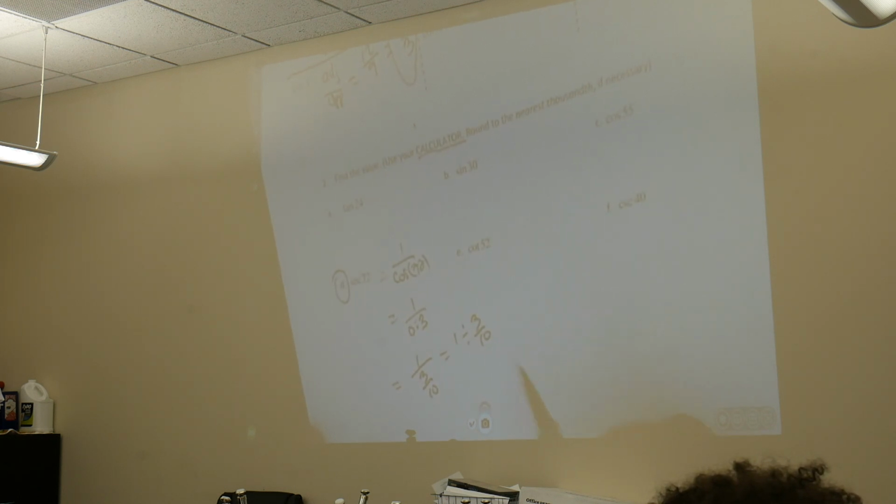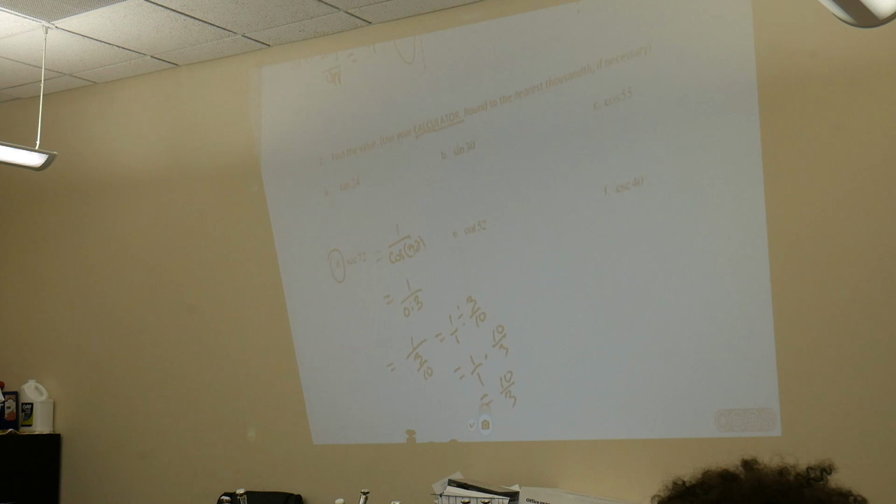And remember fractions? We keep the first one, change the sign, flip the second one. What's 1 times 10? And 1 times 3? So your answer is 10/3, or 3.333333333.